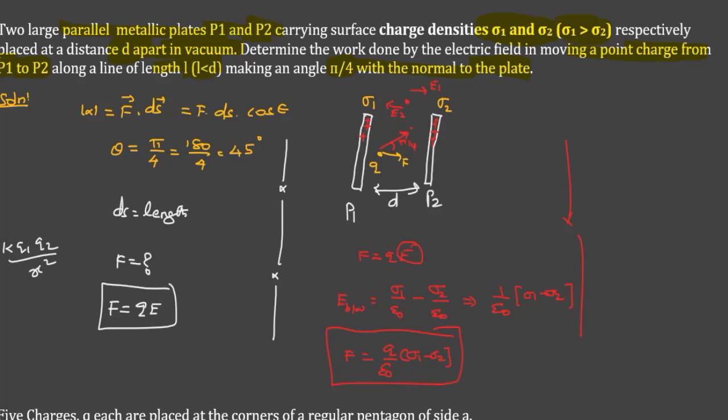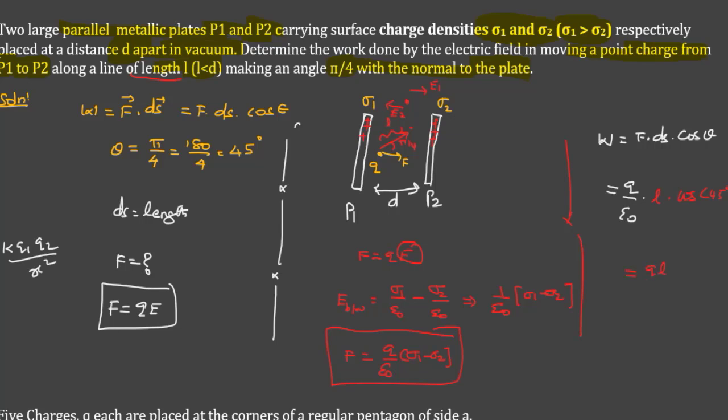Based on this, directly we can work to find the work: force into distance or displacement into cos theta. Force we got Q by epsilon naught. Distance they mentioned clearly, the length of the line is L. So this is the distance, we can take L into cos 45. So cos 45 is 1 by root 2.